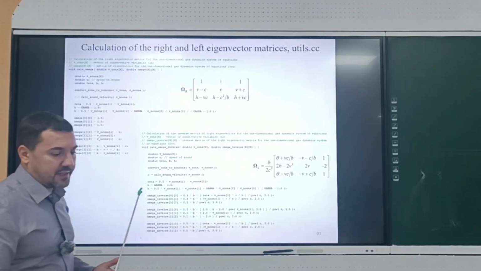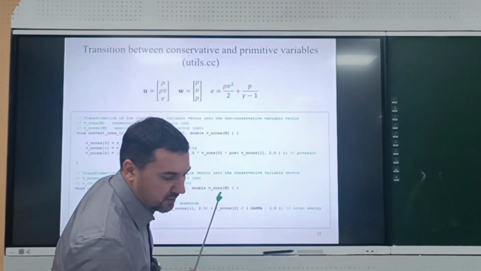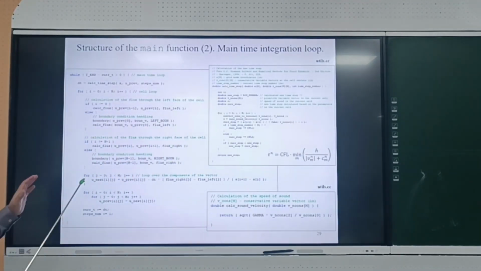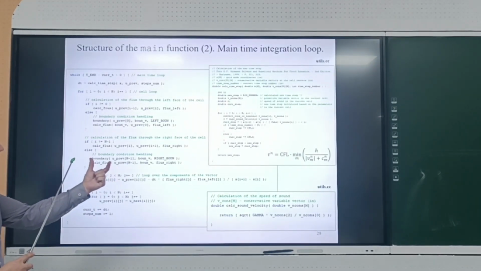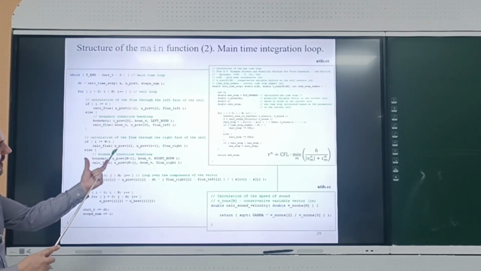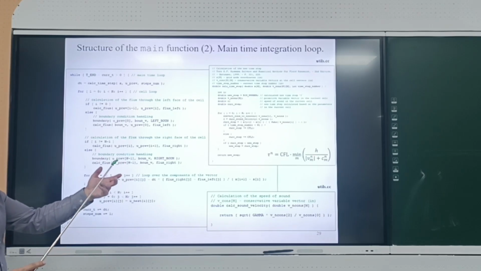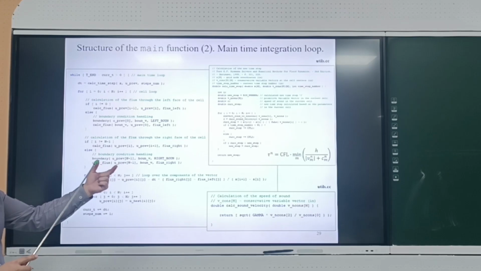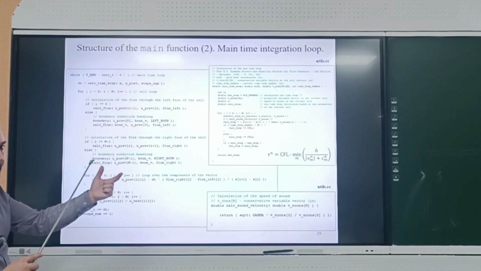By the way, it's necessary to say that you can easily make the program faster by a factor of 2. Why? Because this is only a teaching example. How does it work? We take one computational cell and compute the numerical flux through the left and right boundary. Then we take another computational cell and compute the numerical flux through its left and right boundary. But the beautiful property of the finite-volume method is that the numerical right flux for the cell m is the same as the left flux with the opposite sign for the next cell.